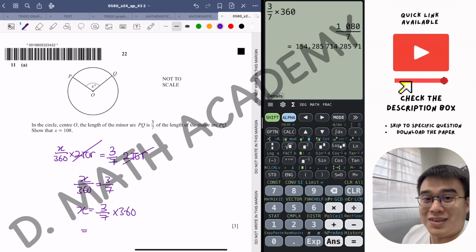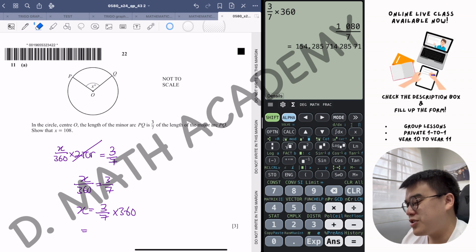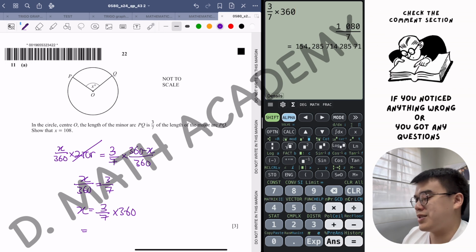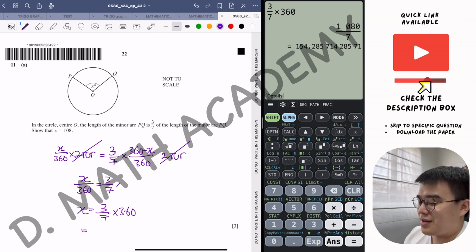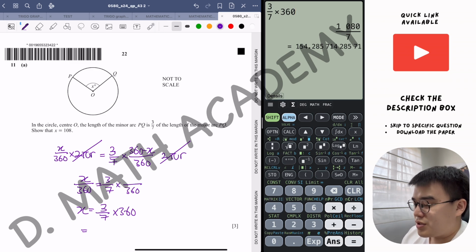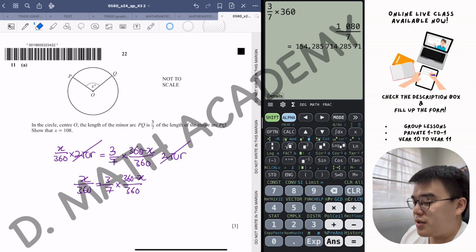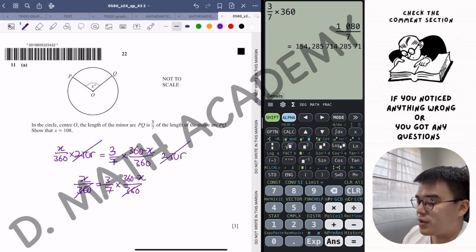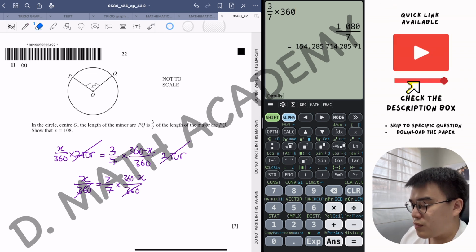Oh, I missed out on one thing though. I forgot to use my major arc's information. Major arc is actually 360 minus x over 360, 2 pi r. So 2 pi r was indeed gone, but the 360 and 360 minus x is still there. Because 360 repeated, they will be gone as well, making it x on one side.